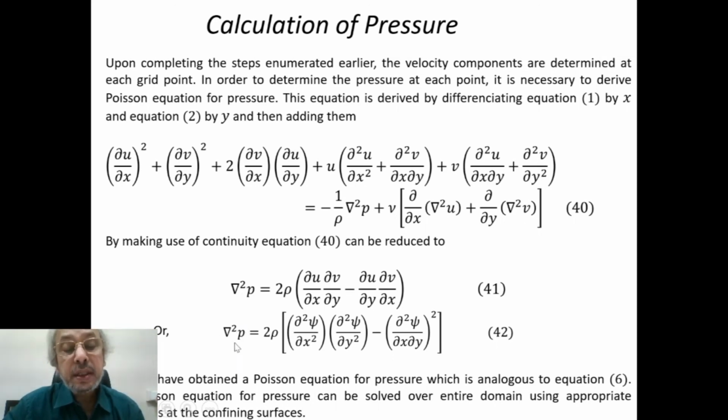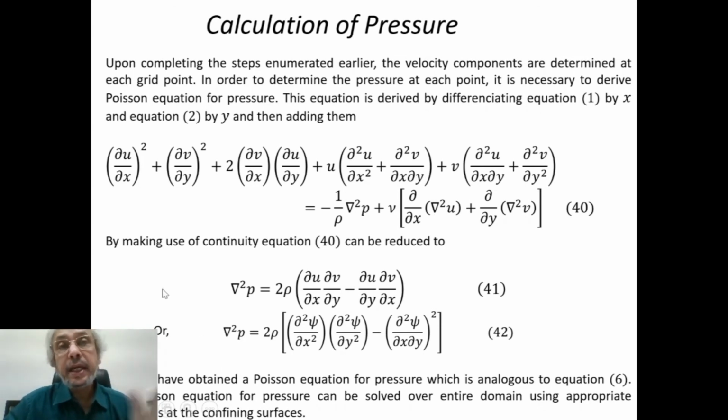From here, this unknown pressure, if you discretize it in the x direction and y direction through central differencing, the right hand side is known, and then you run from I equal to 1 to I max, but effectively I equal to 2 to I max minus 1, and j equal to 1 to j max.